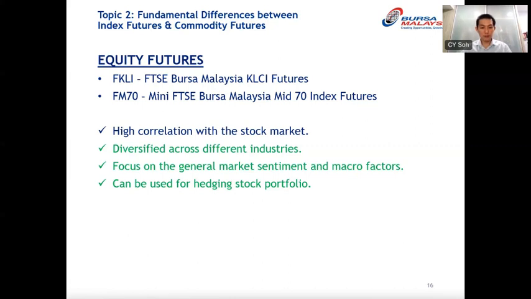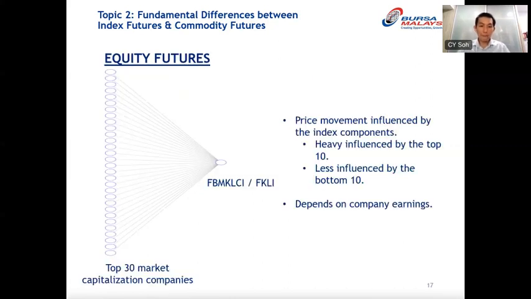Now moving forward, the equity index, the FBMKLCI, consists of the top 30 market capitalization companies. So the price movements of the individual components will actually influence the general index. Okay, I believe you know this very well.